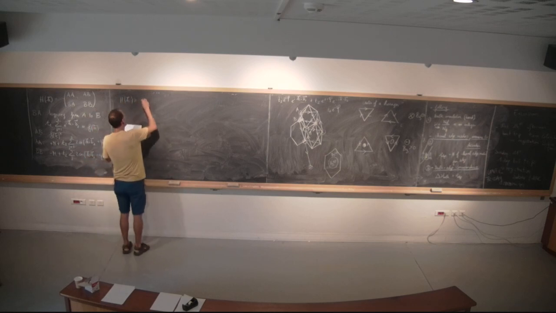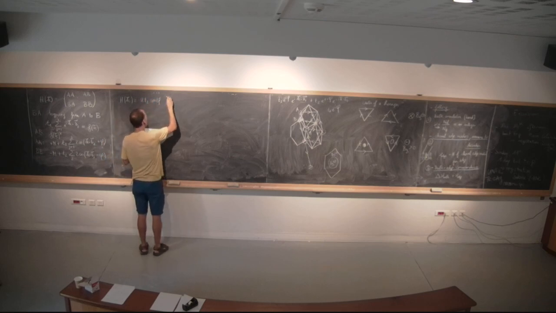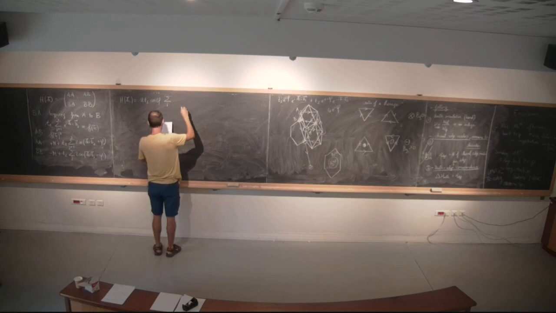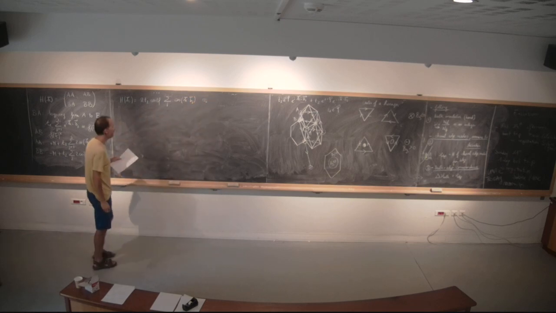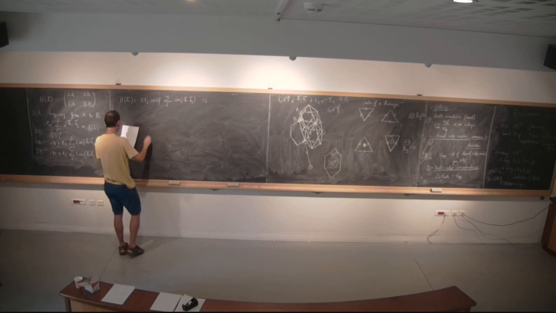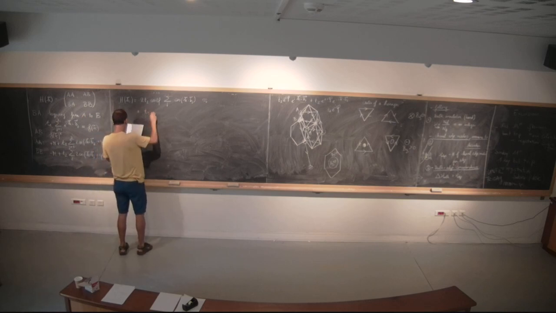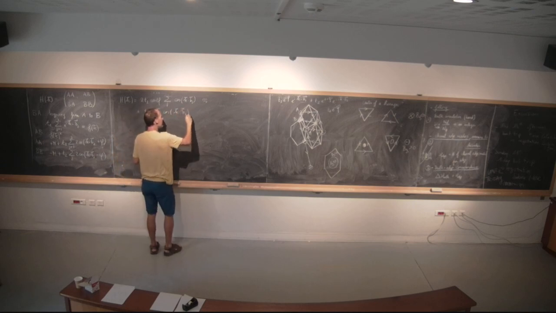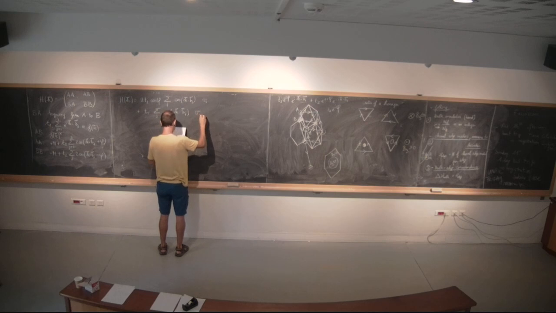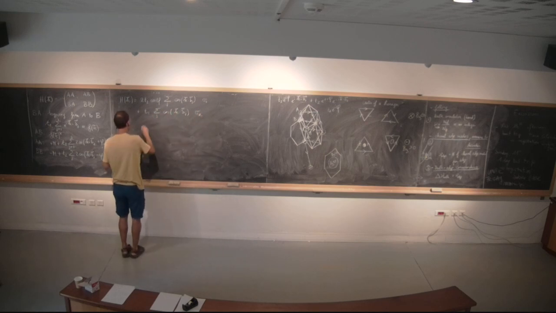H of k is 2t2 cos phi, sum over j from 1 to 3 of cos k dot bj times the unit matrix in AB subspace, plus T1 sum over j cos k dot delta j sigma 1 or sigma x, first Pauli matrix.